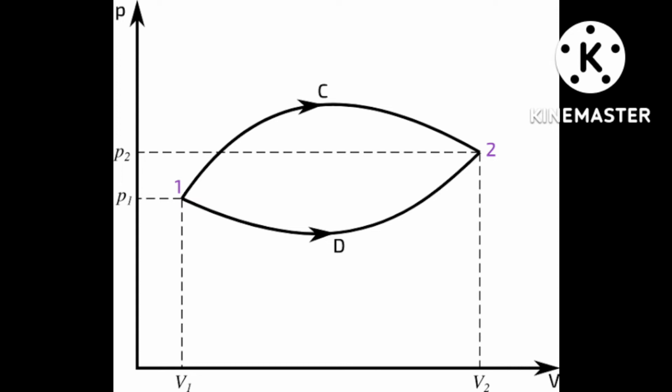Then the system energy will increase. Because you are applying the pressure, work is done, and that will be included in the total energy. It means total energy will increase.